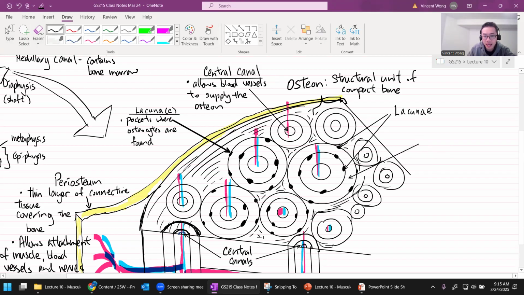Not pointing at the raisins, not pointing at the lacuna, I'm pointing at the stuff that makes up the osteon. That's called the lamina, and plural is with an E. This is the mineral matrix of the osteon. That's where you'll find the calcium, the phosphate, the magnesium, and things like that.